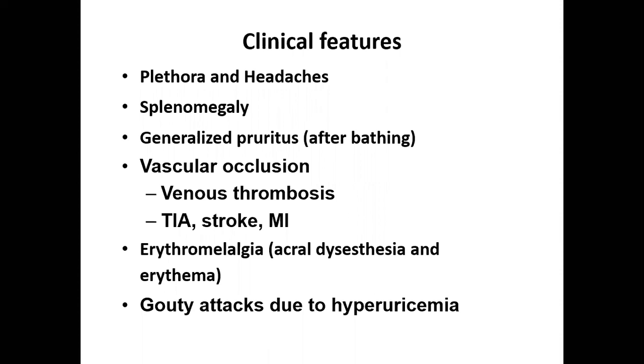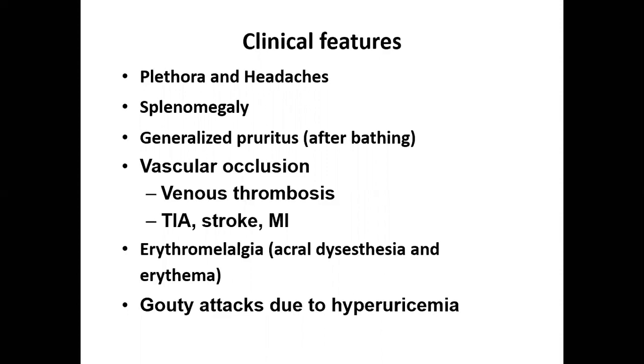The clinical features of polycythemia rubra vera: the beginning of the disease is usually asymptomatic in many patients. Sometimes it is discovered accidentally during investigations. The most common features include headaches, red face in some patients, and pruritus after a hot bath.